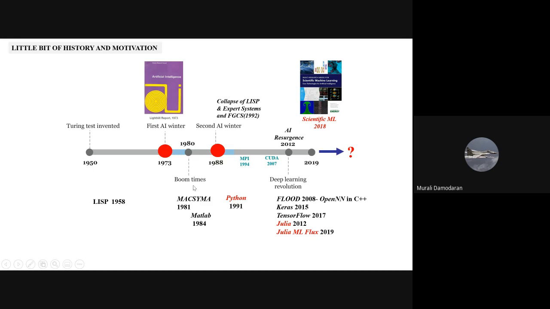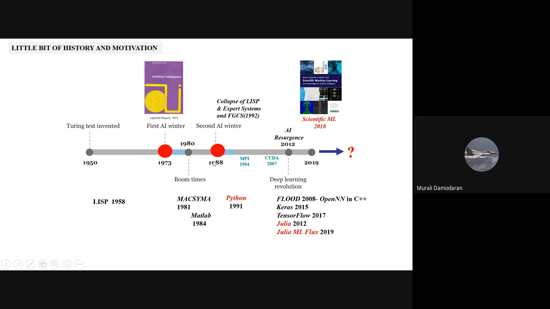Why did the boom time come? Because of the development of computer algebra software: Maxima came into the scene in 1981, followed by MATLAB in 1984. People started to explore some of the ideas using these software, which are basically computer algebra, symbolic programming, and so on.